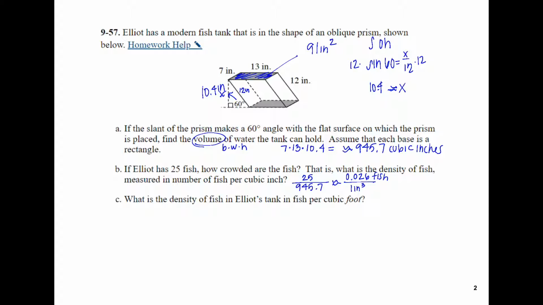So when we take our 25 fish over our 945.7 inches cubed for our water, we need to multiply that by knowing there are 12 inches in 1 foot.